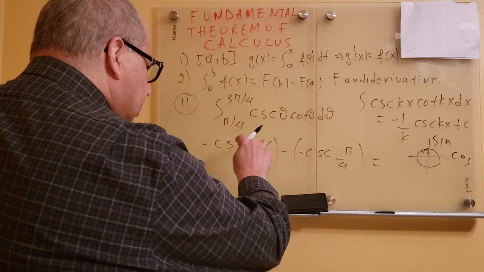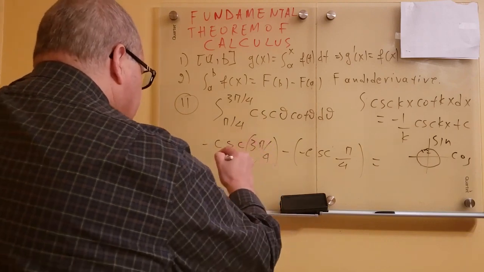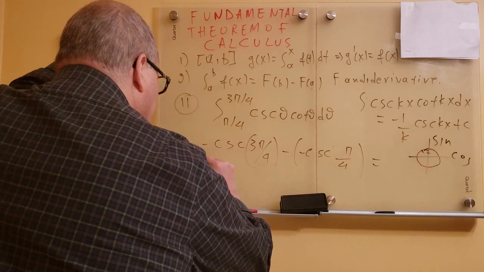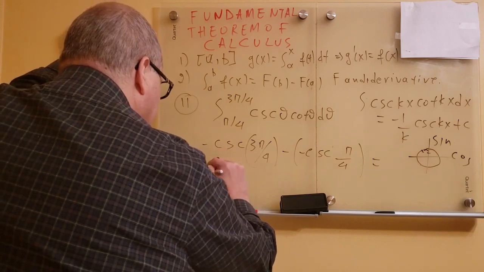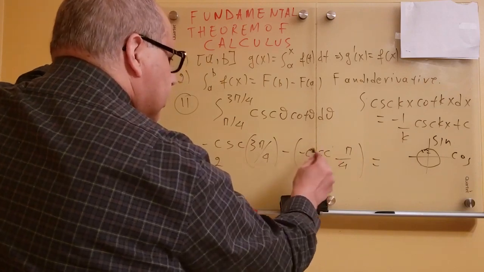So that's the sine. So this here is the 1 over sine, so that should be 2 over square root of 2. And with the minus in front that we have here, so that's minus 2 over square root of 2. Now the minus is plus.